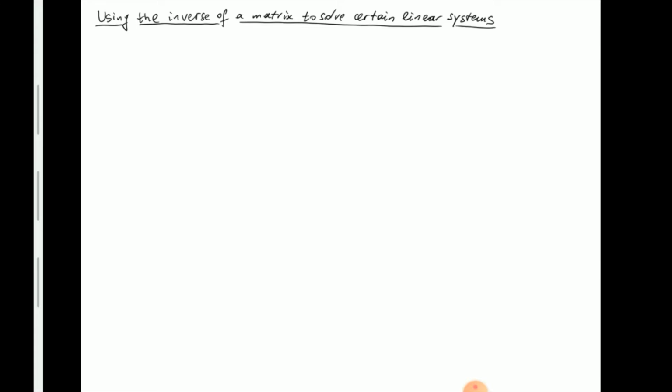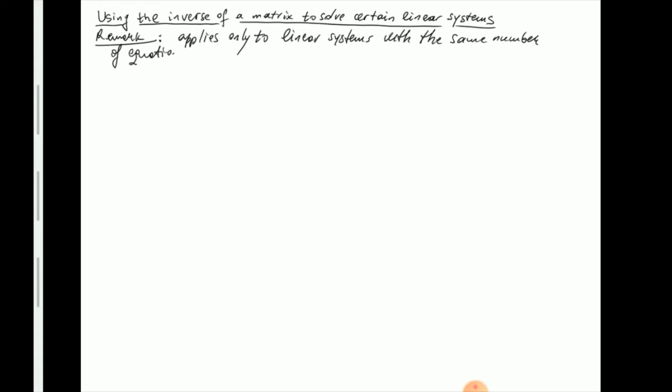So right off the bat, let's mention clearly here as a remark that what I'm going to show you applies only to linear systems with the same number of equations and unknowns, for which the inverse exists.